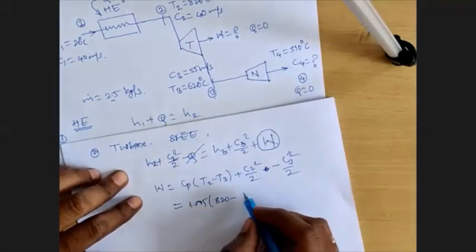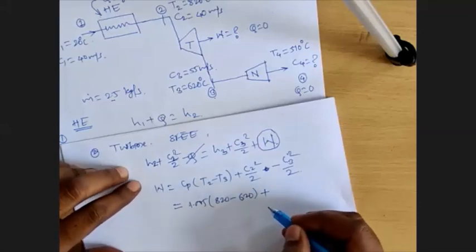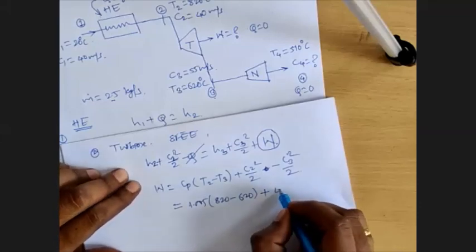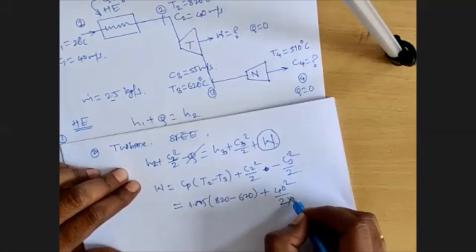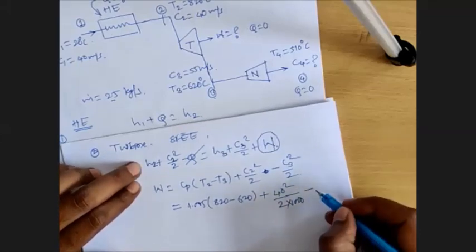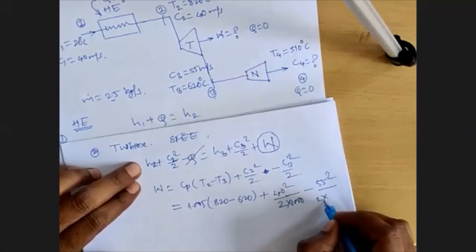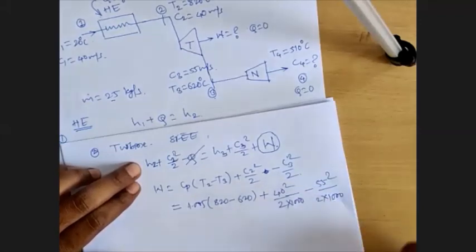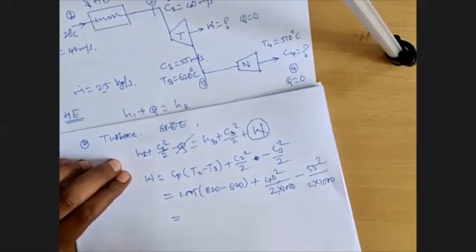What is T3? 620 plus C2 is 40 square by 2 into 1000, that has to be converted into kilojoules, minus C3 is 55 square by 2 into 1000. So solve this one and tell me the value of W.